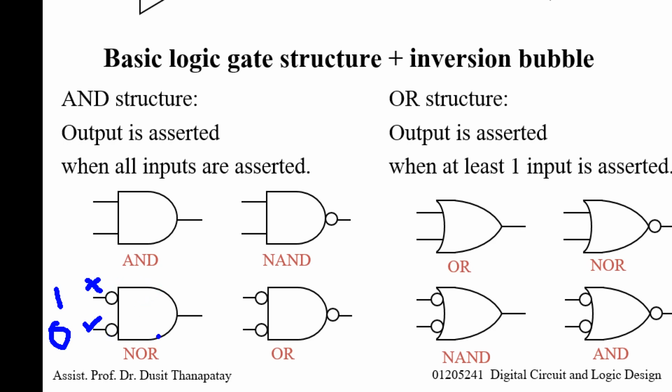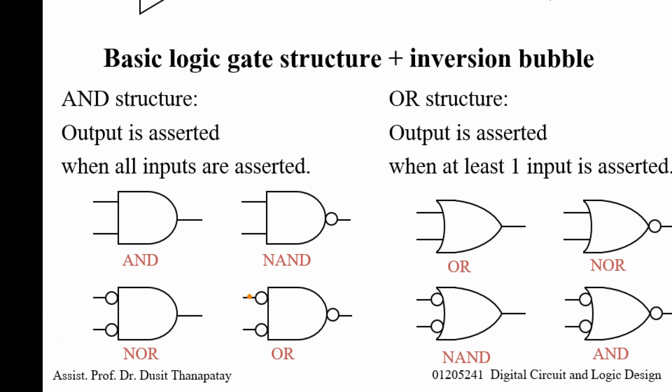And because of the AND structure, one input not active means the output is not active. And because the output is active high, no inversion bubble, when the output is not active, the value of the output is 0. So when you apply 1, the output is 0.